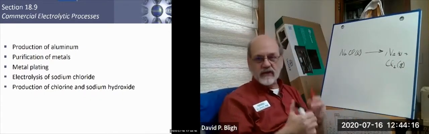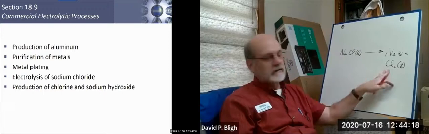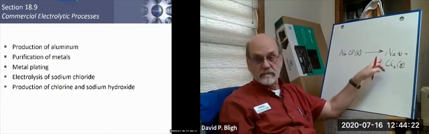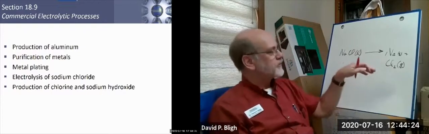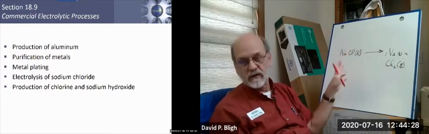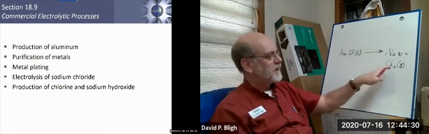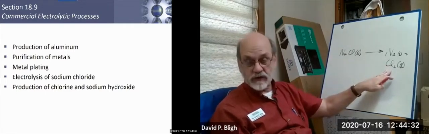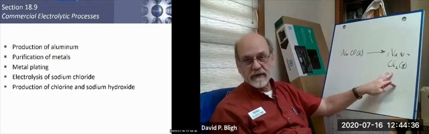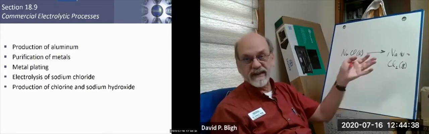Chlorine is an extremely valuable industrial element, as is sodium. Right? So you can produce sodium hydroxide, which is used in numerous other processes. Chlorine gas is also used in numerous processes, not least of which is the production of bleach.